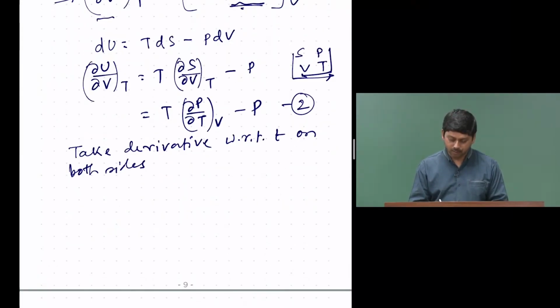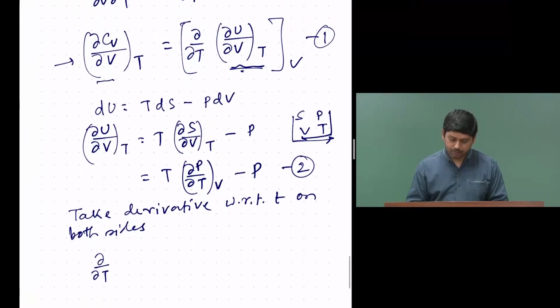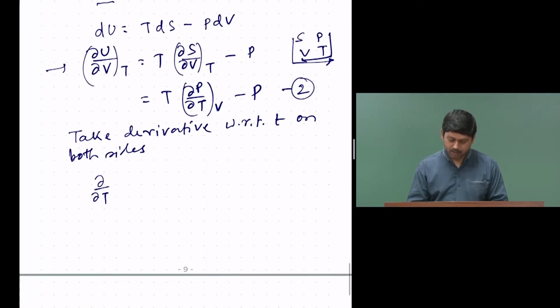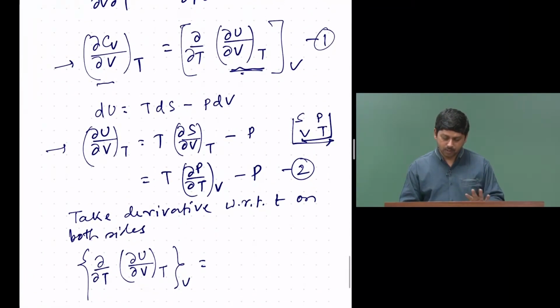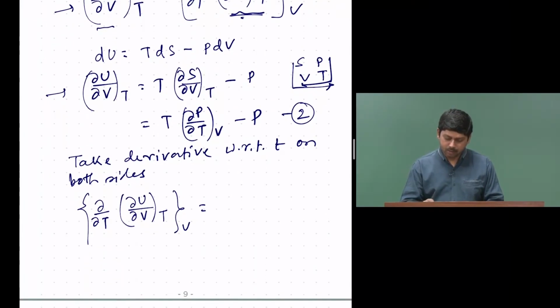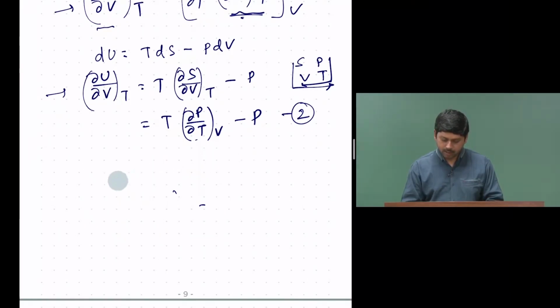What we get is del T of del U by del V at constant T. We will not do that right away, because that will be complicated. We can do a simpler approach. We can calculate what this quantity is.